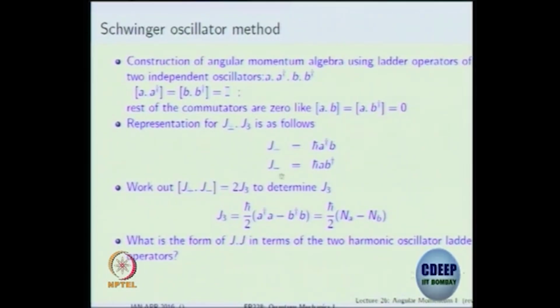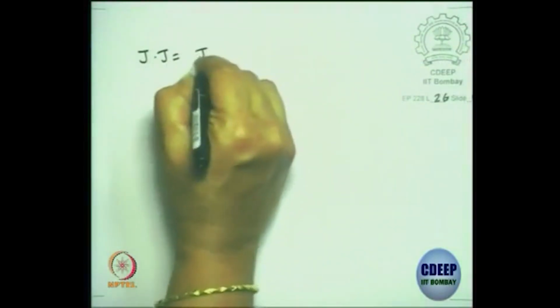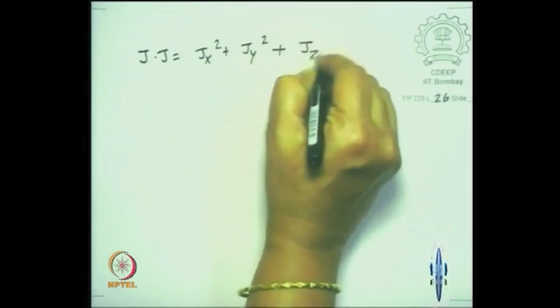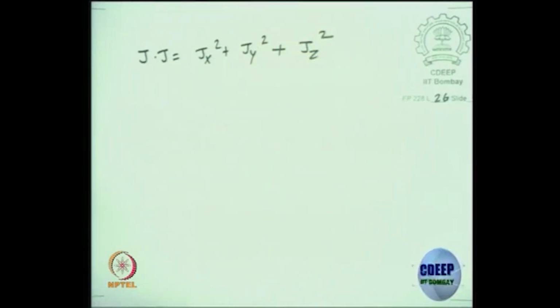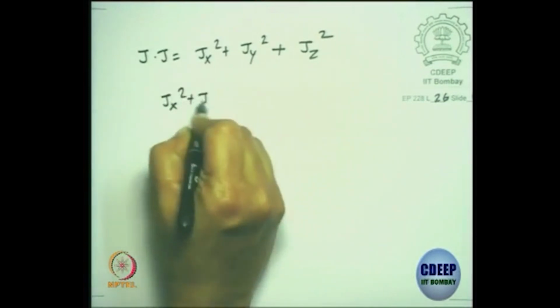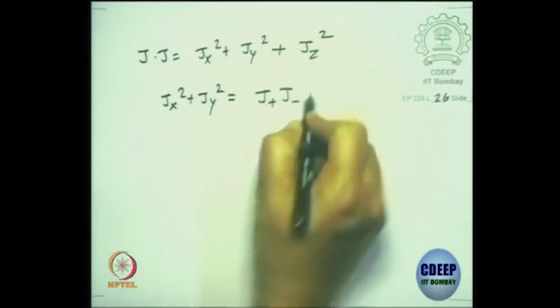Once I know J plus, J minus and J3, can I write J dot J in terms of J plus, J minus and J3? Someone? What will that be? Can I write Jx squared plus Jy squared as J plus J minus?